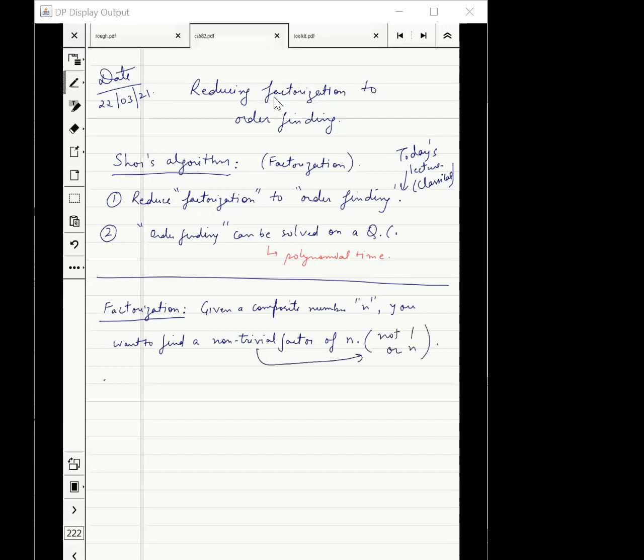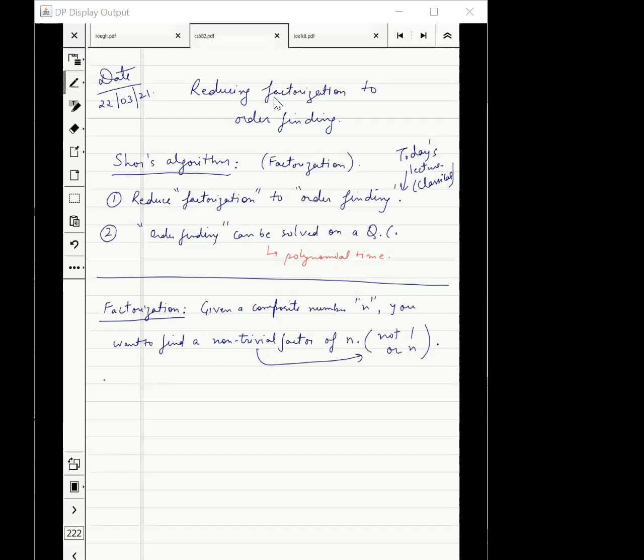In some sense, this problem is equivalent to whatever you can think of as a factorization problem. Generally you would say, we know from high school mathematics that every number can be written in terms of its prime decomposition, and you might think factorization should be that prime decomposition. But here I am asking only for a non-trivial factor of n.